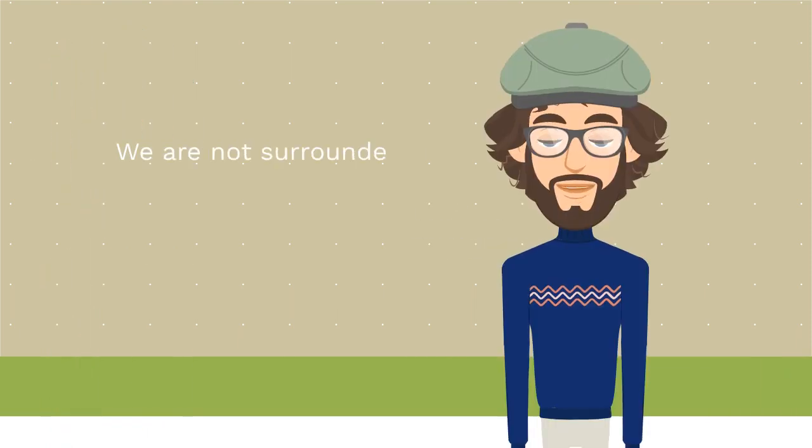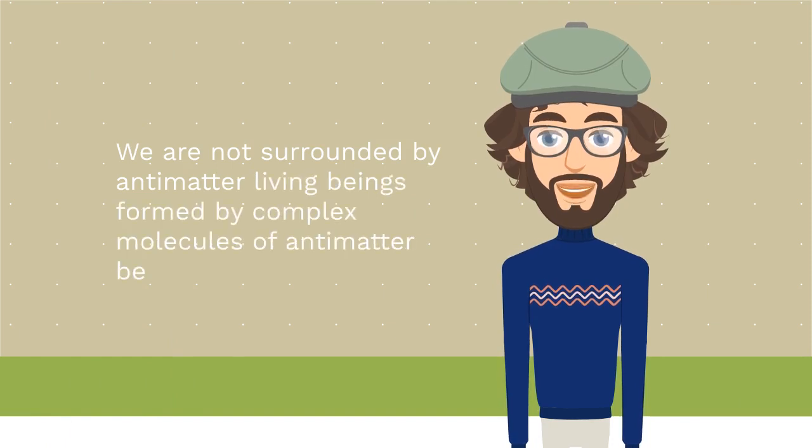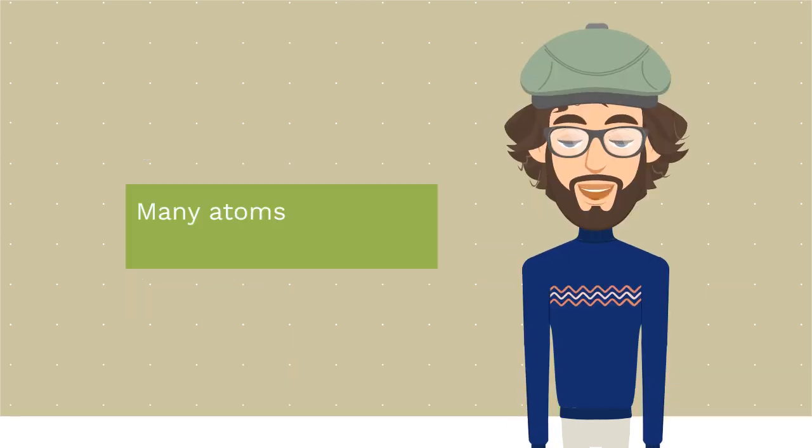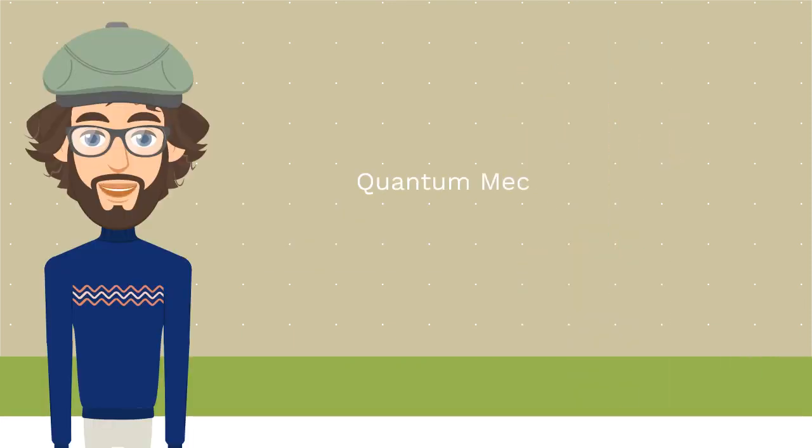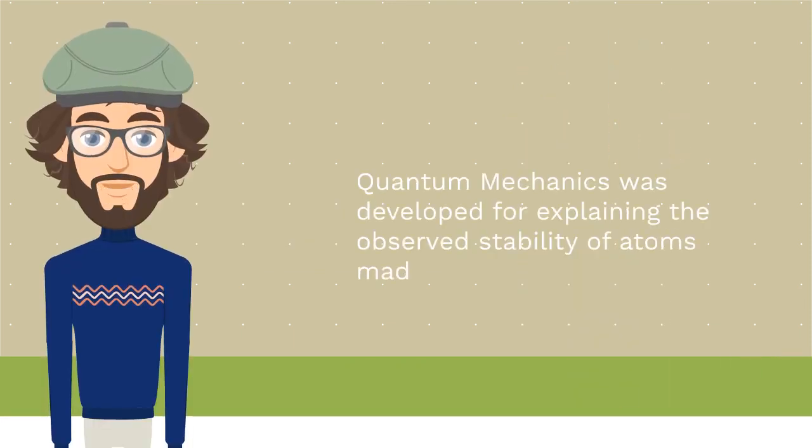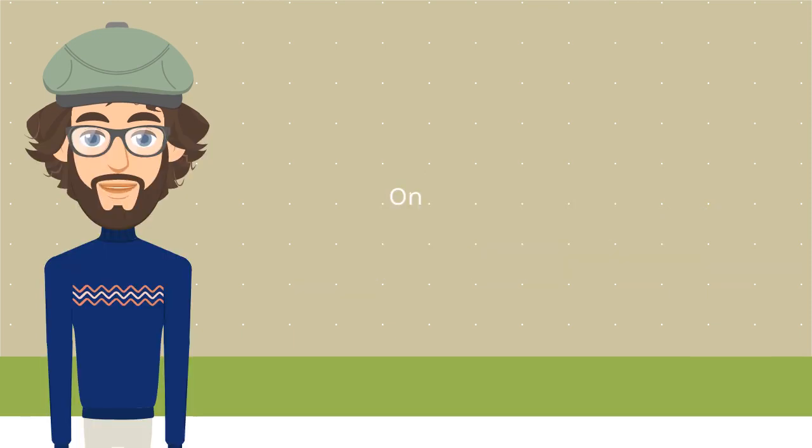We are not surrounded by antimatter living beings formed by complex molecules of antimatter because antimatter atoms are not stable. Many atoms formed by matter are stable. Quantum mechanics was developed for explaining the observed stability of atoms made of matter. Only charged quantum clouds can form stable atoms.